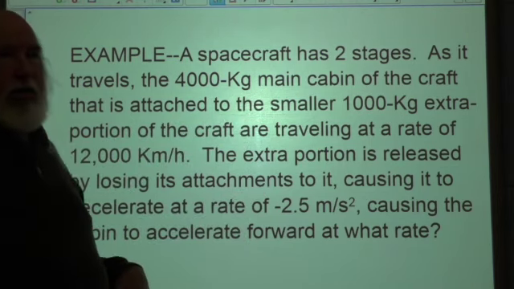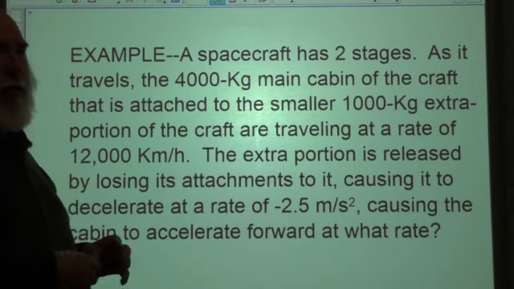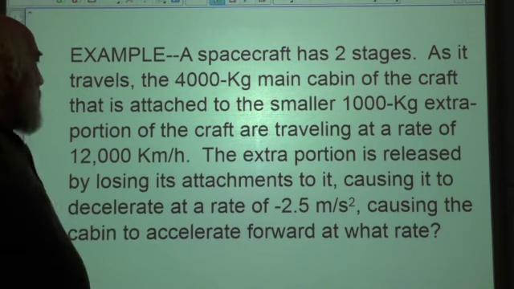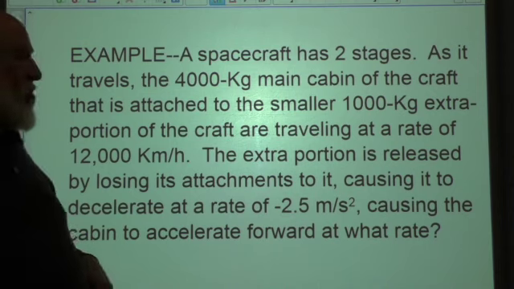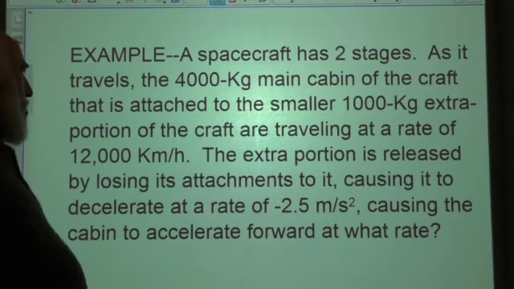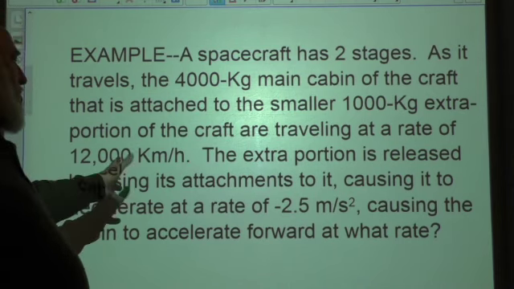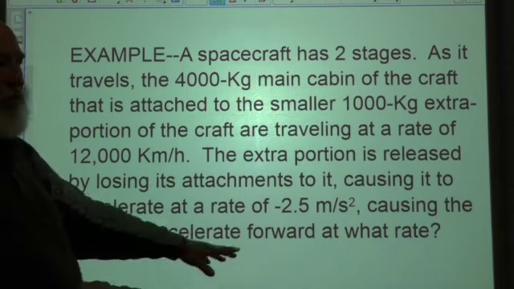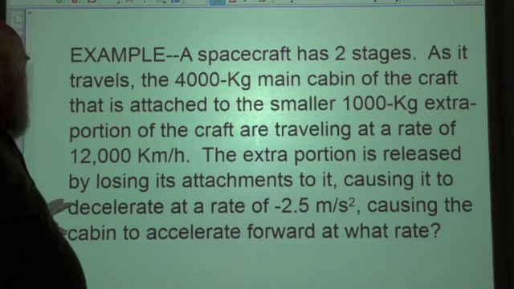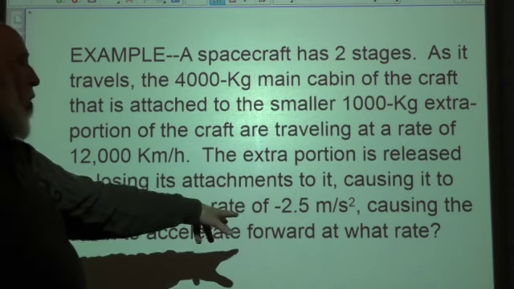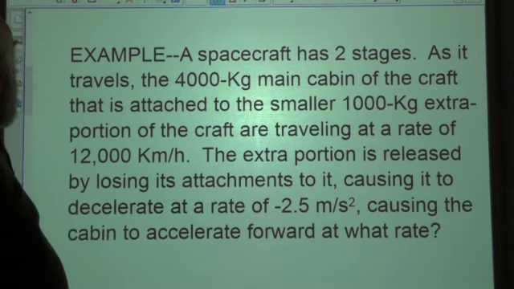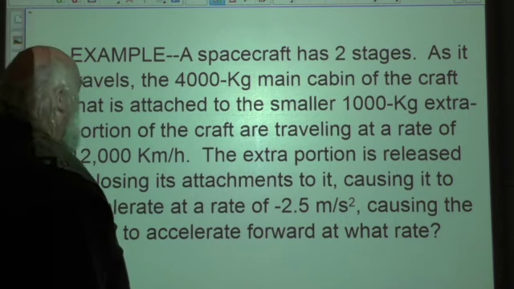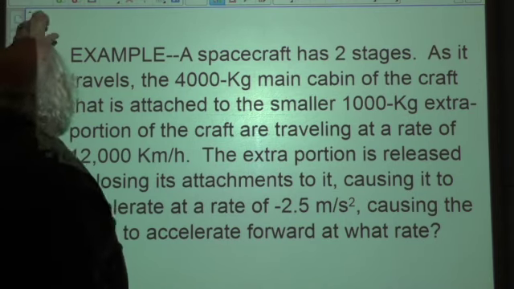Oftentimes it's just what they call payload. It's traveling at a speed of 12,000 kilometers per hour. The extra portion is released by losing its attachments to it, causing it to decelerate at a rate of negative 2.5 meters per second squared, causing the cabin to accelerate forward at what rate? Okay, so here's what we know about this.